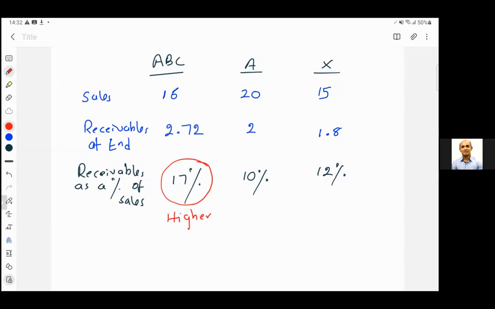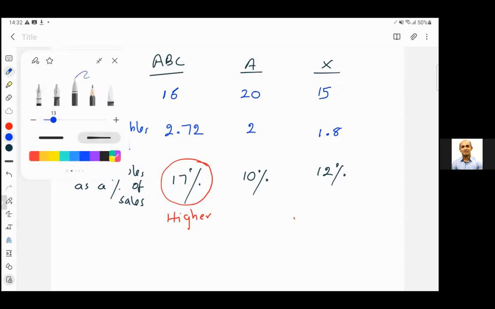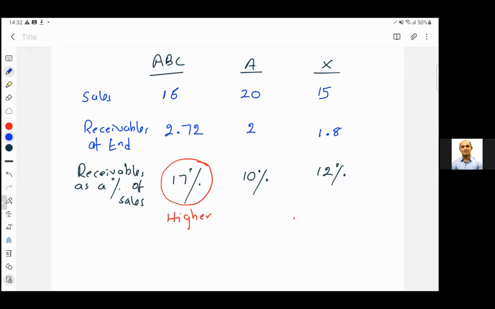In addition, you can calculate the receivables collection period.